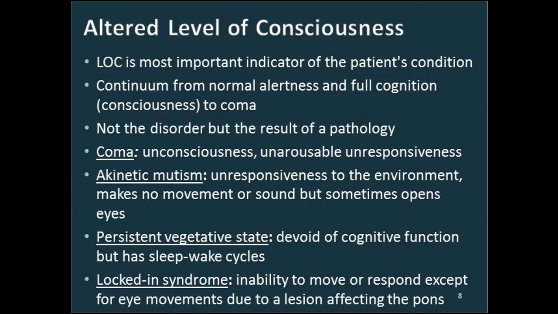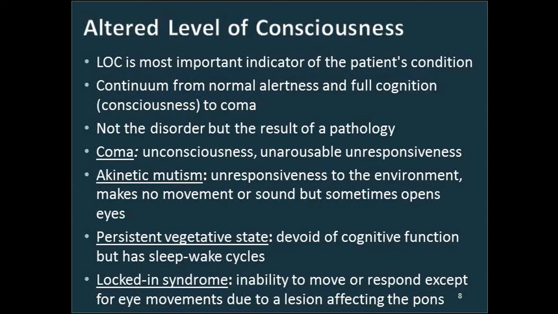Of course, level of consciousness exists on a continuum that goes from normal, awake, alert, oriented, full cognition, which is known as consciousness, to coma. So the patient can fall anywhere on that continuum, from being completely alert and fully cognitive to being completely comatose.